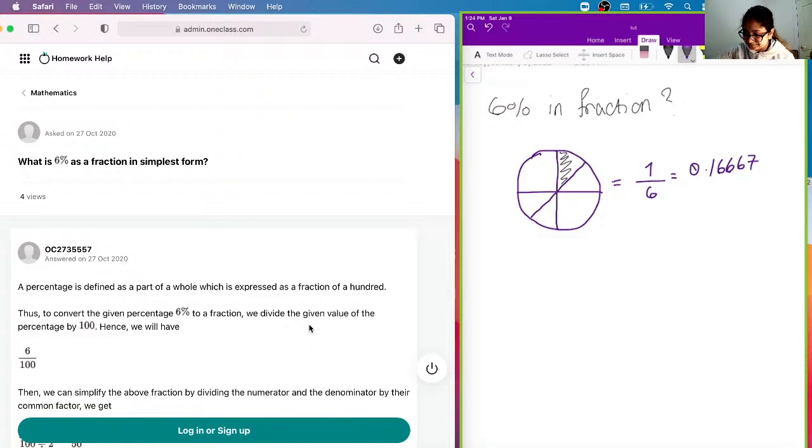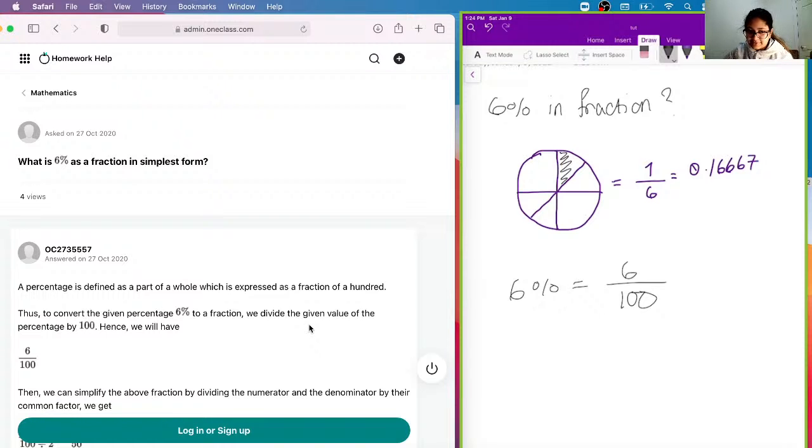And so another way to write 6% would be 6/100. When you're talking about percentage, you're always talking about out of 100 in a fraction.